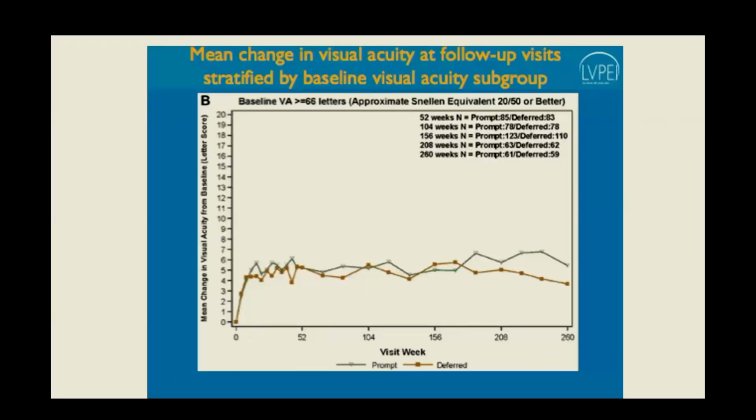But if a patient has good vision at baseline, they gain 1 line. So it's kind of counterintuitive if someone believes that those who have good vision at baseline will improve more. The point is that those who have good vision at baseline improve less, but since they were already good to start off with, they still remain good.